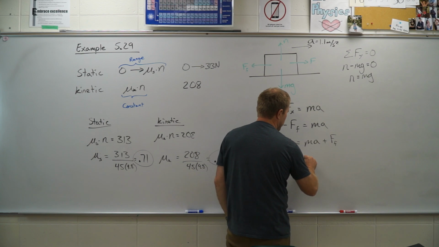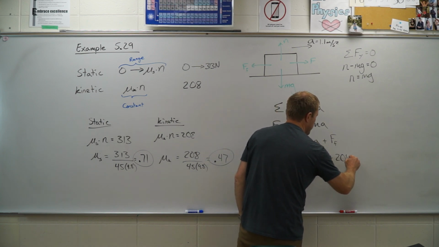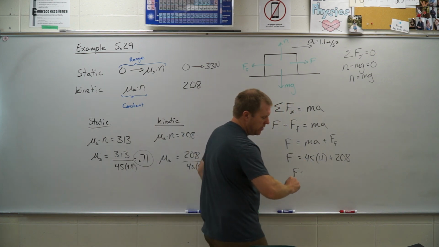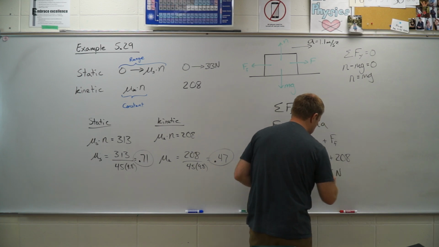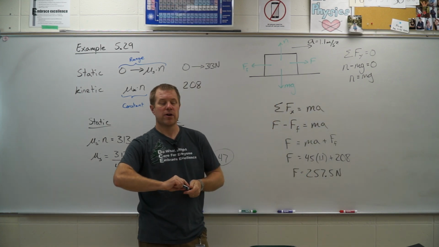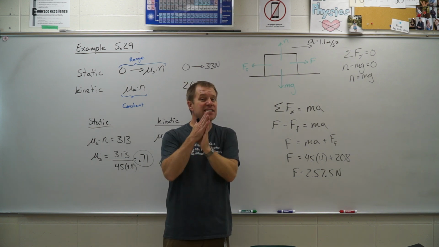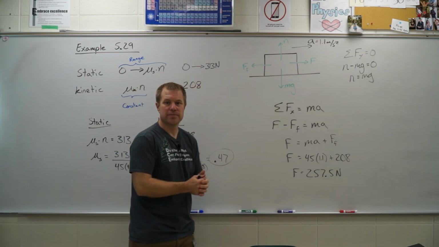So I can then plug in those numbers of 45 times 1.1 plus 208. That will give me an applied force requirement of 257.5 newtons as the required force to cause that acceleration. Again, if there's an acceleration, anytime there's sliding between those surfaces, we're using the kinetic friction. There you go.